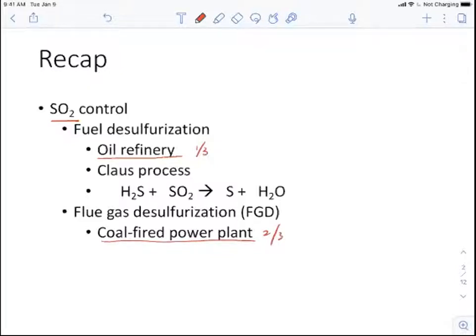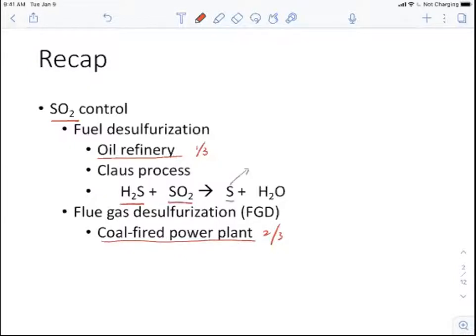To control the sulfur dioxide, we have to come up with control methods, and for each source we use a special technique. For the oil refinery, we use fuel desulphurization. Before we distribute the oil products or gasoline to customers, we first extract the sulfur out of it. That is done using the Claus process, which uses hydrogen sulfide to react with sulfur dioxide to get solid sulfur.